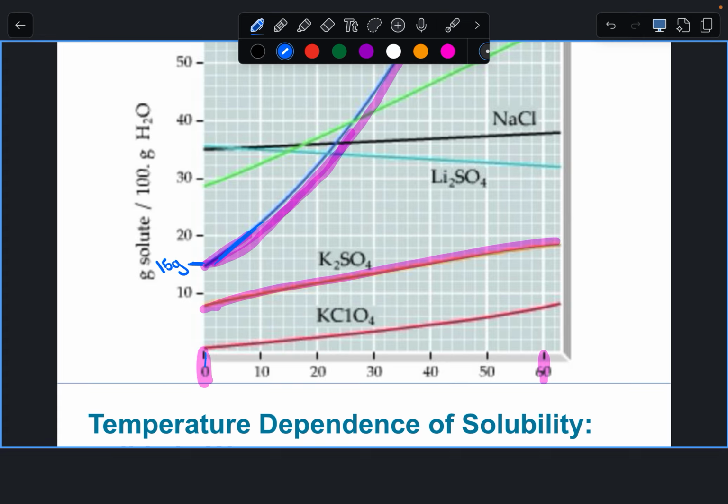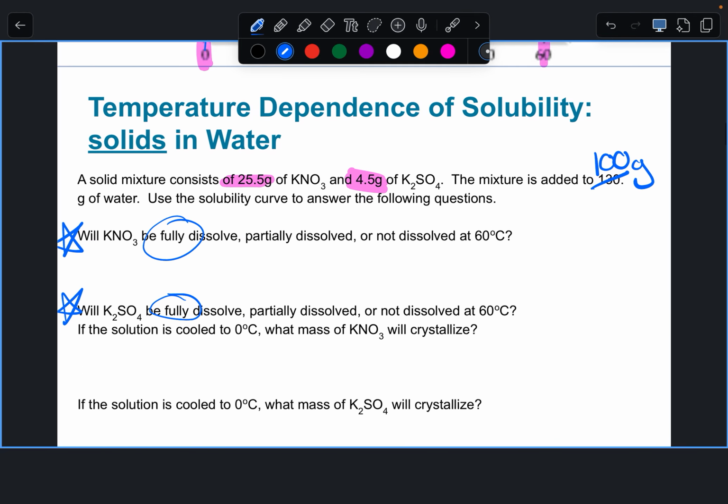So unless it cooled down really well and was able to be supersaturated, which we're assuming it's not, there's going to be 10.5 grams that actually comes out as a solid. Because we're up here, 25.5, there's that 10.5 grams that can't dissolve at that temperature. 10.5 grams will crystallize out.